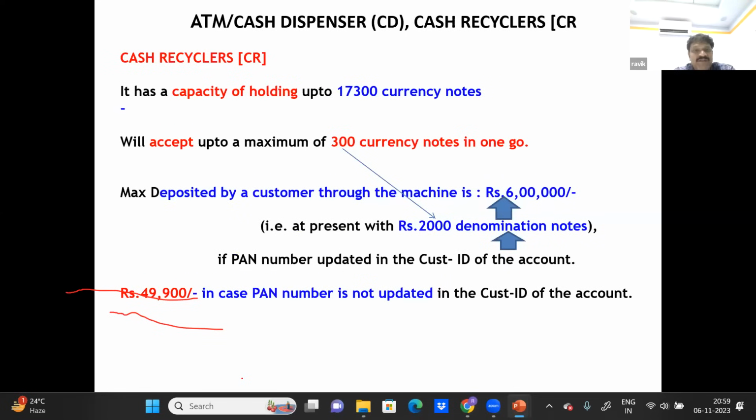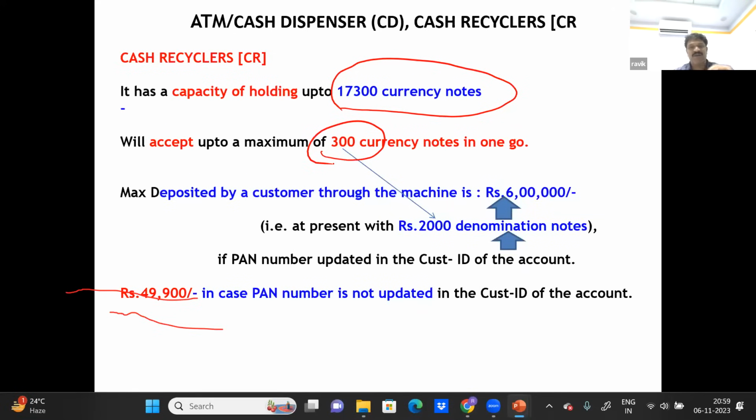Now, cash recyclers. ATM is over, now cash recyclers. If anybody uses cash recyclers, the maximum holding capacity is 17,300 currency notes. In one go, if somebody wants to put in cash, the maximum it will take is 300 notes. So the total holding capacity is 17,300.